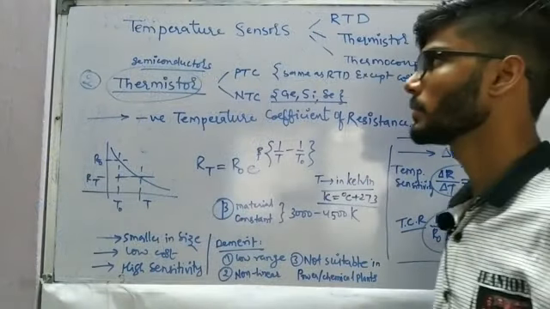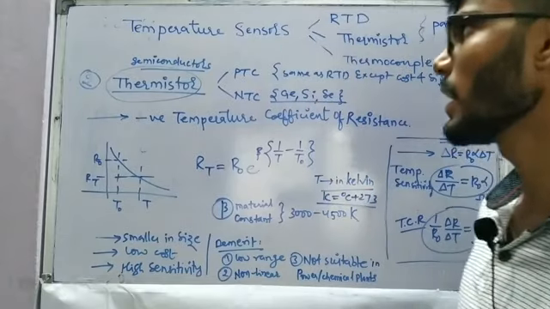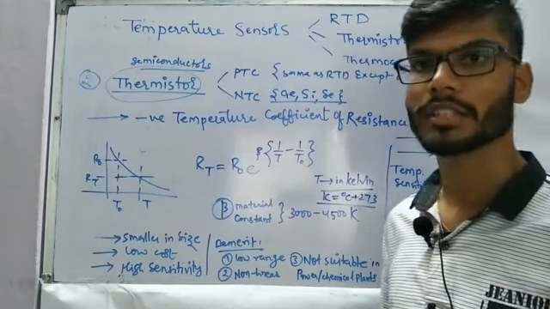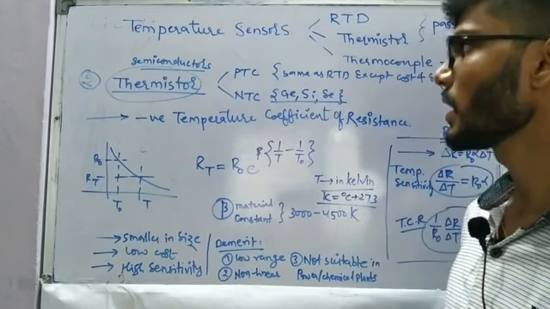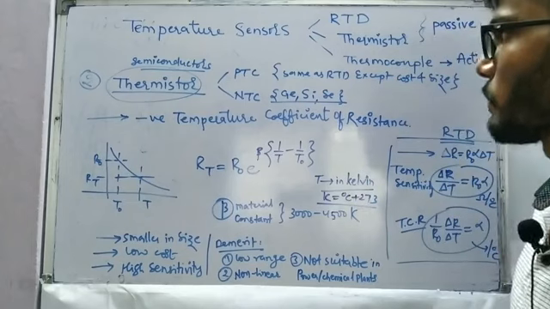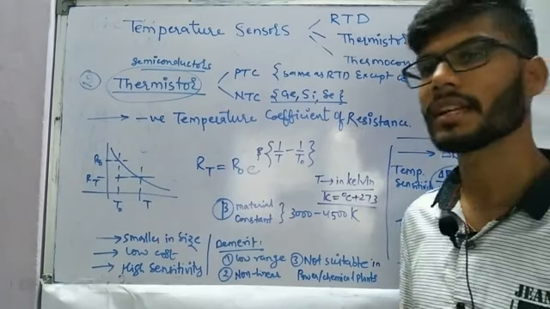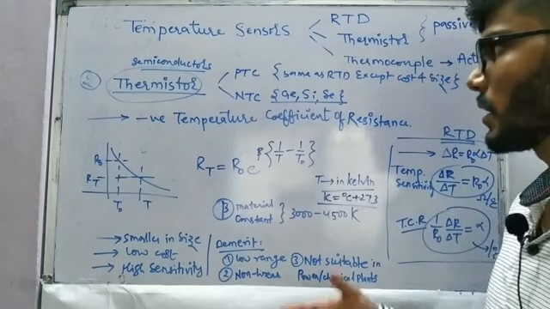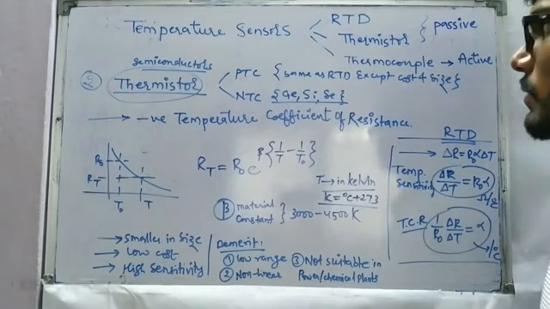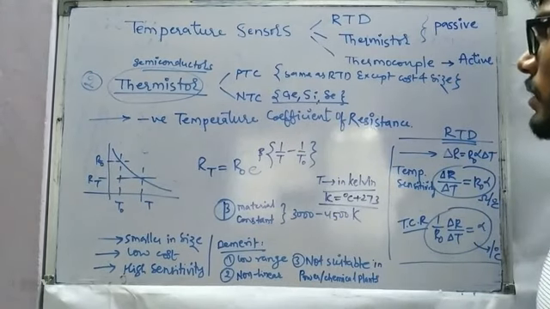And moving forward with thermistors, thermistors are mainly made up of semiconductors, and they can have both PTC and NTC, that is, positive temperature coefficient of resistance as well as negative temperature coefficient of resistance. So PTC are mainly the same as RTD except for cost and size, but mainly we use the NTC type of thermistor, which is going to have material such as gallium, silicon or selenium.